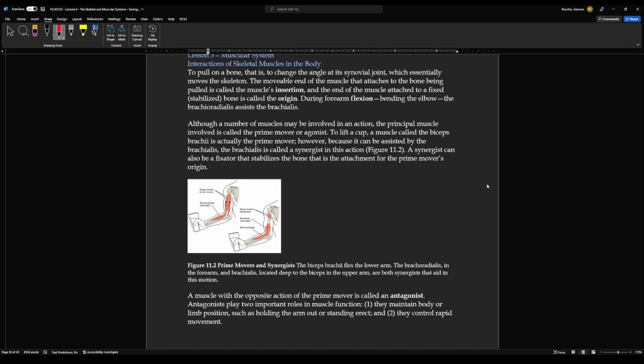If we're talking about straight elbow flexion, you've got your biceps brachii, your brachialis, and your brachioradialis. All three of those are incredibly important for the ability to move our forearm, and they attach to various different points as well.